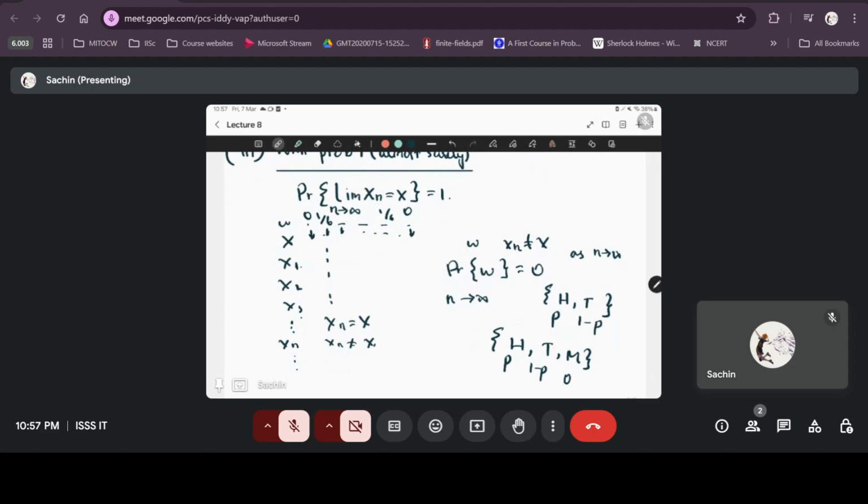So when you perform an experiment and if the coin actually lands up in the middle, then you will be in trouble.